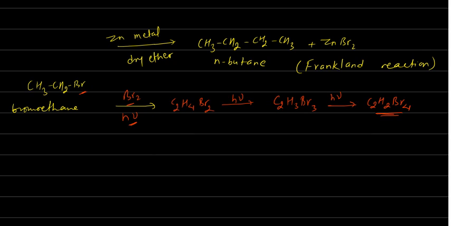Similarly, another very important reaction, when it reacts with R2CuLi, then the product formed is RCH2CH3. Here there is elimination of RCu plus LiBr.